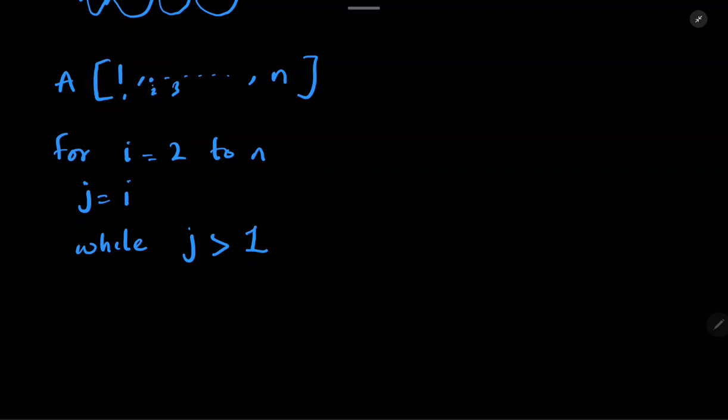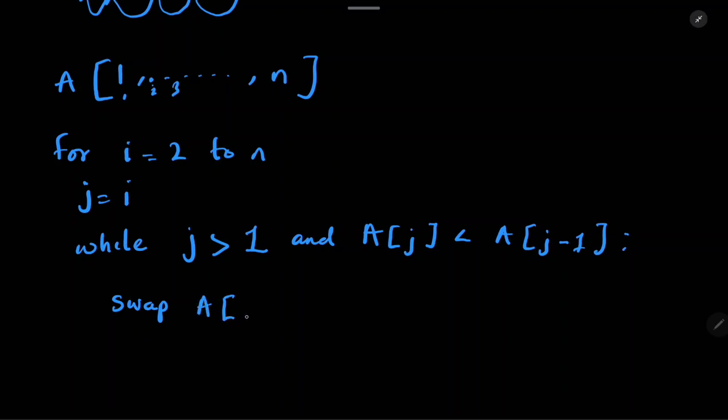So while j is greater than 1 and A[j] is less than A[j-1], we are going to swap A[j] with A[j-1], and then our new j becomes j equals j minus 1.